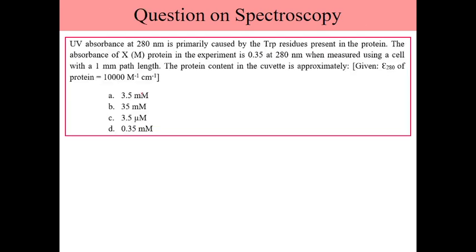In the next question, they are asking you about absorbance and concentration. UV absorbance at 280 nanometer is primarily caused by the tryptophan residues present in the protein. The absorbance of the protein in the experiment is 0.35 at 280 nanometer, which is measured using a cell of 1 millimeter path length. So the protein content in the cuvette is approximately what?